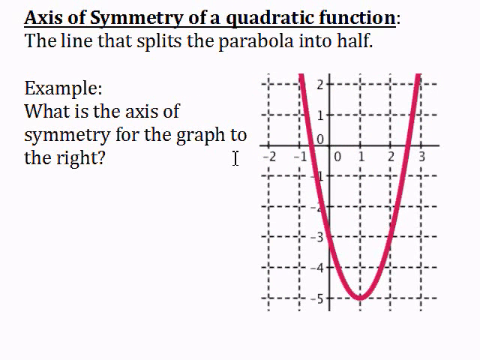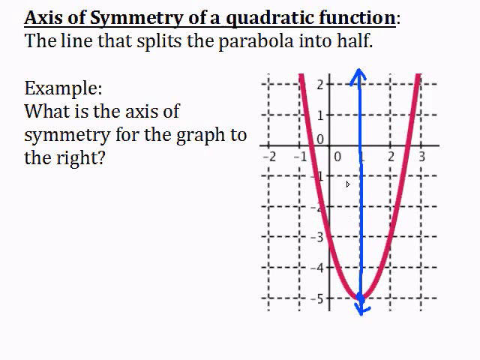So we're finally on to our first type of problem, sort of. What is the axis of symmetry of the following graph? Well, the axis of symmetry is a line that splits the parabola exactly into half. So if we take a look at this parabola, you'll notice the line that splits it in half is right here. And you can always find that line by finding the vertex and drawing a line straight up and down through the vertex.